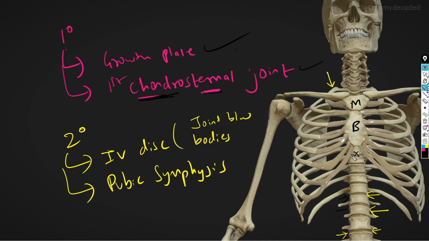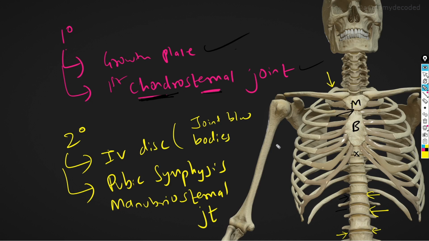Lower part is the xiphoid process of the sternum. Okay, the joint between manubrium and body here. This joint is a secondary cartilaginous joint. Okay, manubriosternal joint. So you can remember the manubriosternal joint here. It is a secondary cartilaginous joint.